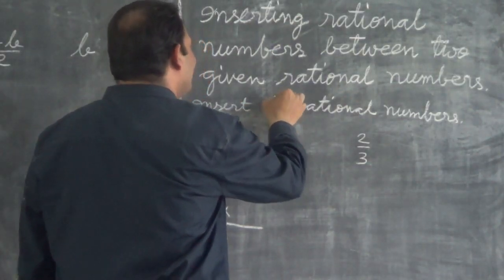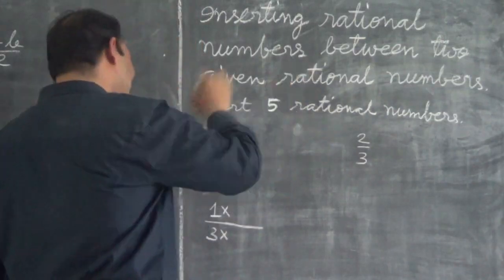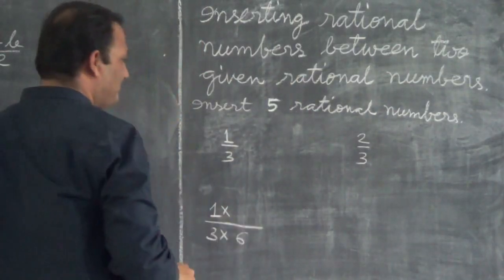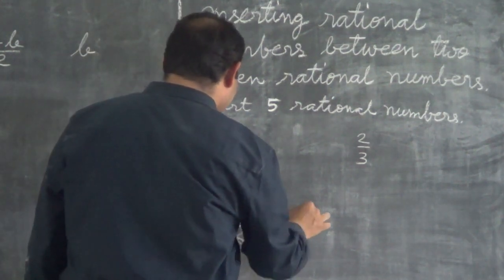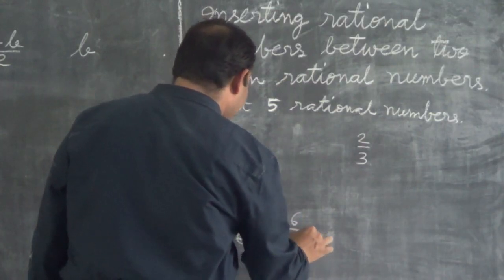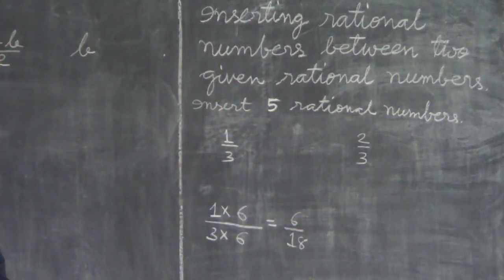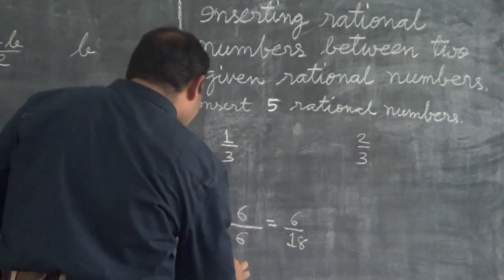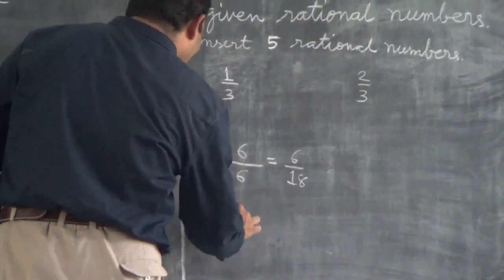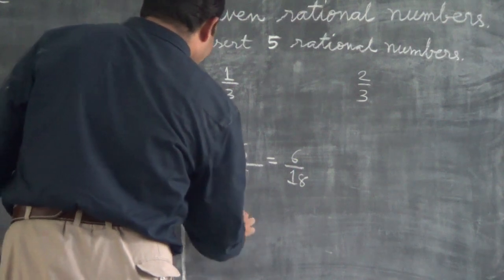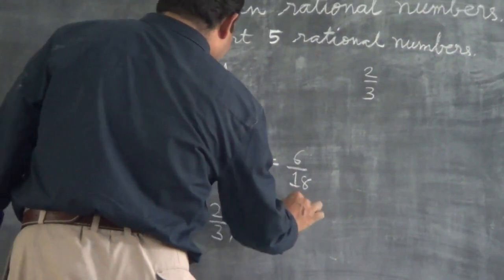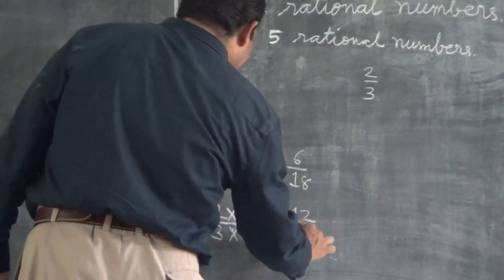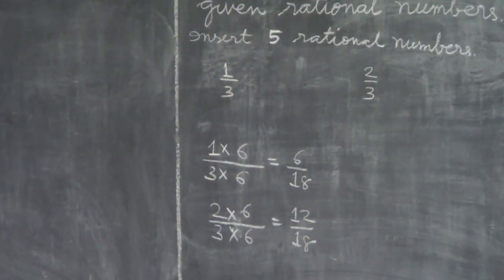So 5 plus 1, 6. Both you multiply. Now you can write 6 by 18. And 2 by 3 also do the same thing. Both numerator and denominator you multiply by n plus 1. So you got here 12 by 18.